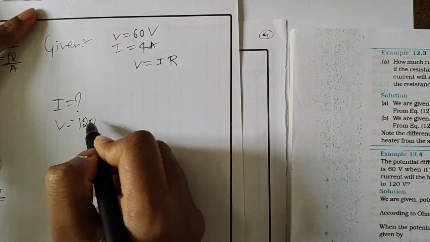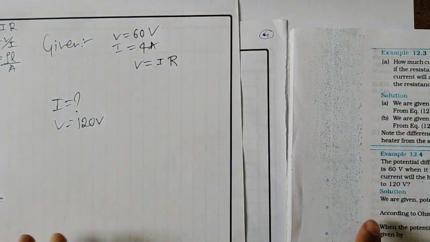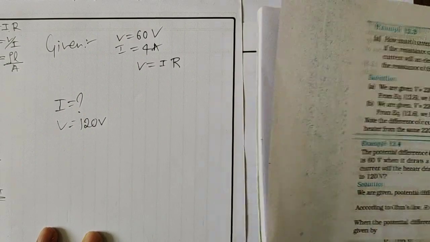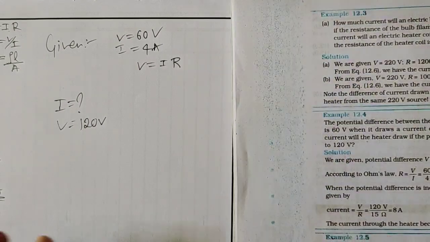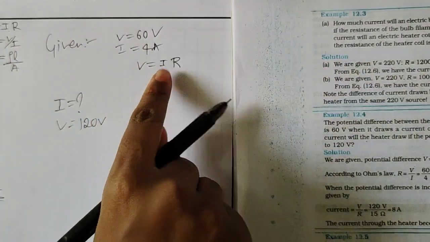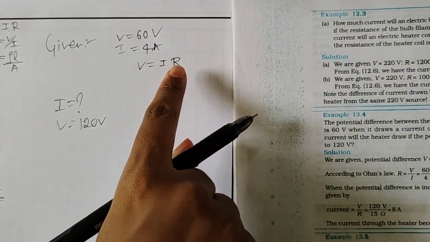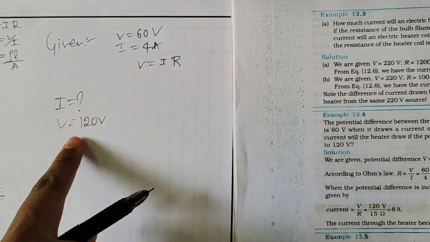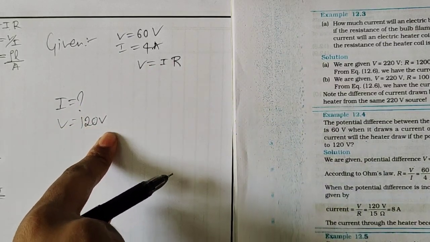V is equal to 120 volt. Now this is what the question is. So once again, in the first statement they are given V and I and they didn't ask us to find out R. We need to find R so that we can easily solve the second sub question.